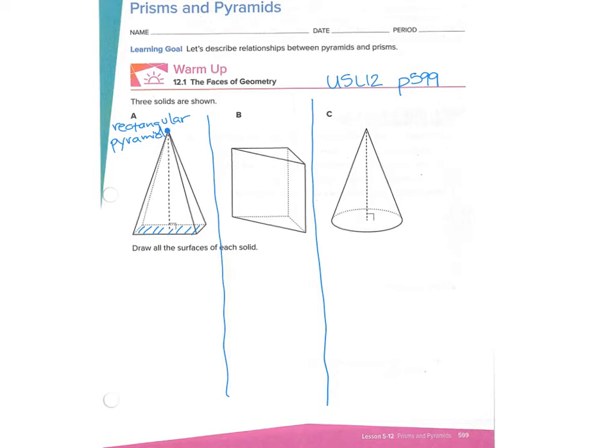So its surfaces are this rectangular base. So here's my base. And then I have 4 triangular sides. So if you think about it, my front triangle and my back triangle have this length from the rectangle.